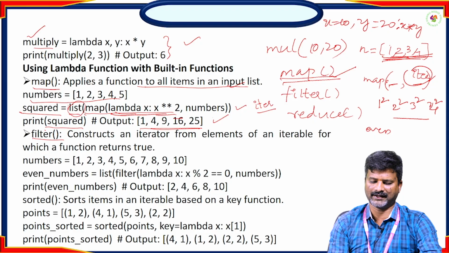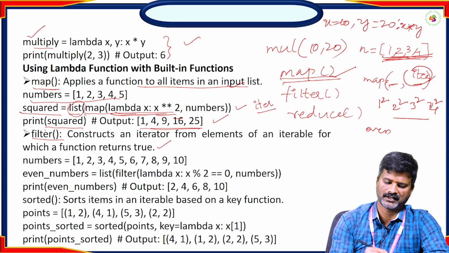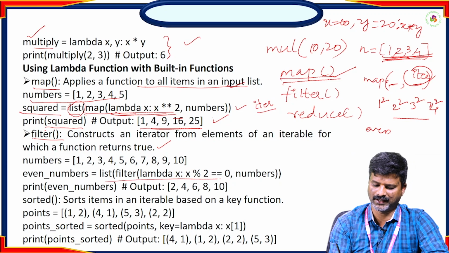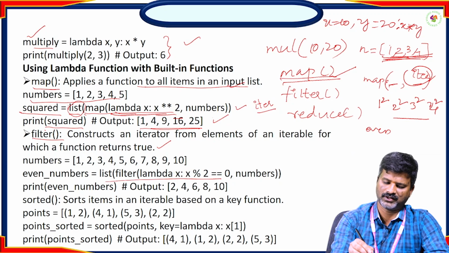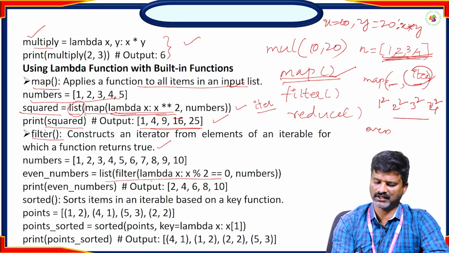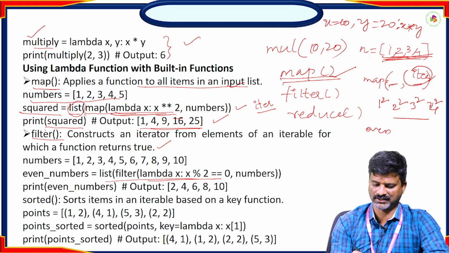So, construct an iterator from the elements of an iterable for which a function returns true. If you observe the logic here, previously we used map, now we are using filter. Now lambda is a function. In place of this anonymous function, you can use your normal user defined function also.